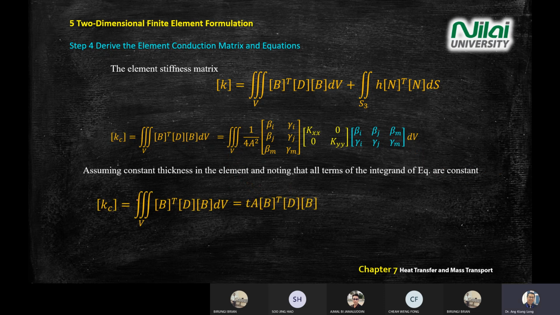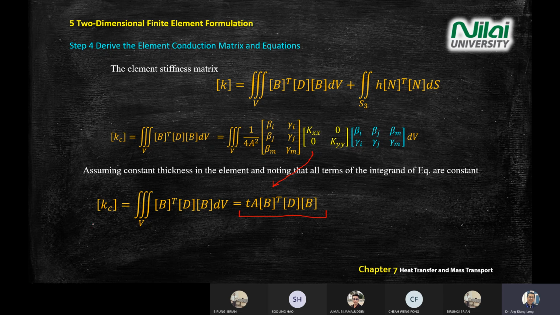But I will simplify everything in one equation here. There are lots of derivation steps from here to here, but I will not go through them because the derivation steps are more mathematics. For this module, it is more on application. So at the end, you arrive at this matrix form.